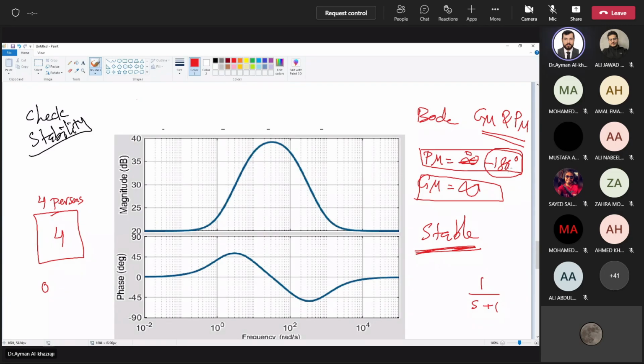It cannot be infinity in angles. We cannot make infinity degrees because it is cyclic. So we are concerned about minus 180, meaning we can add the full capacity.